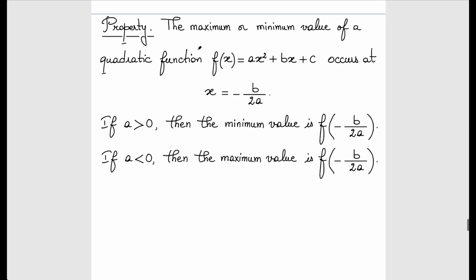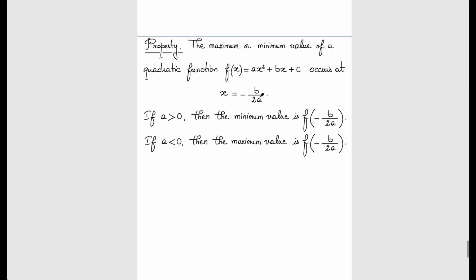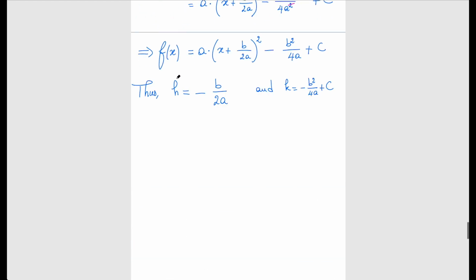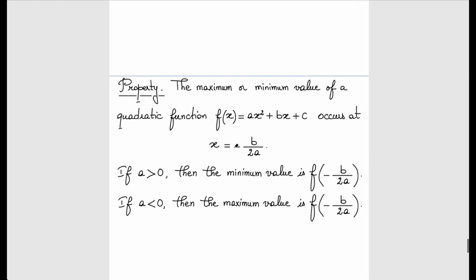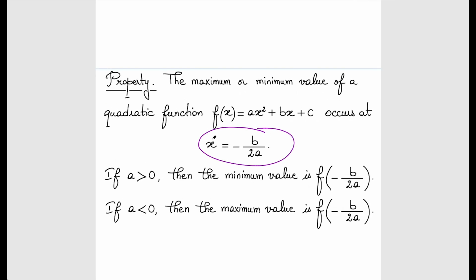So let's read it. The maximum or minimum value of a quadratic function f of x equals ax squared plus bx plus c occurs at this point, minus b over 2a. It's the same point that we just talked about, right? It's the h, minus b over 2a. Correct? So that extremum, either maximum or minimum, occurs at this point.